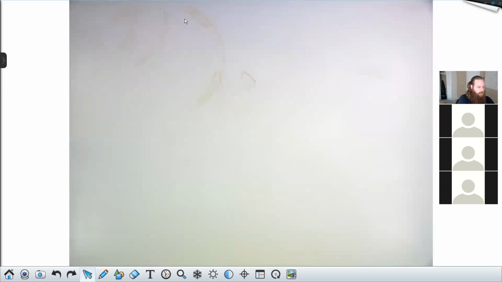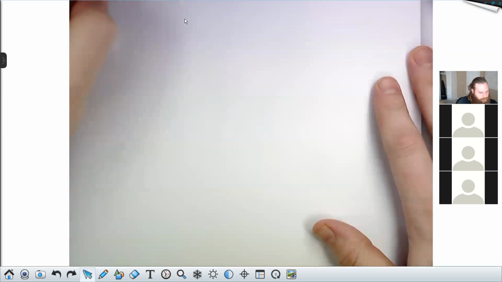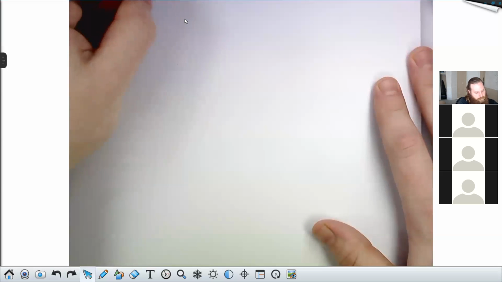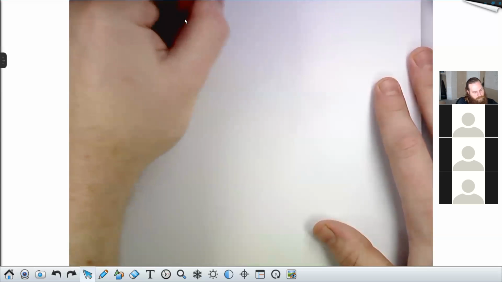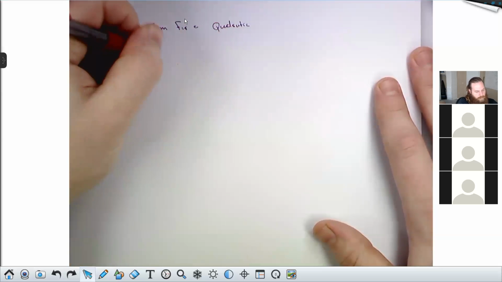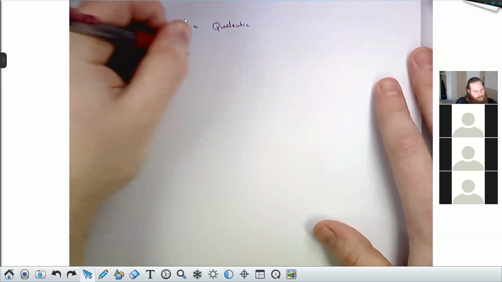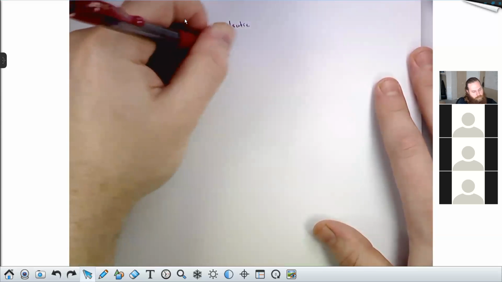You already have the standard form for a quadratic. This is ax squared plus bx plus c.